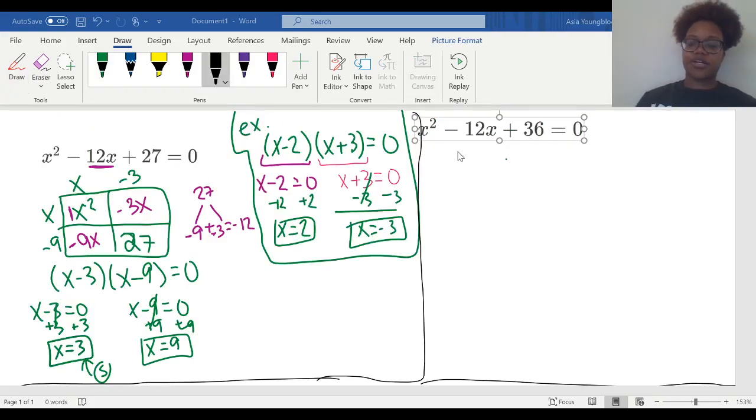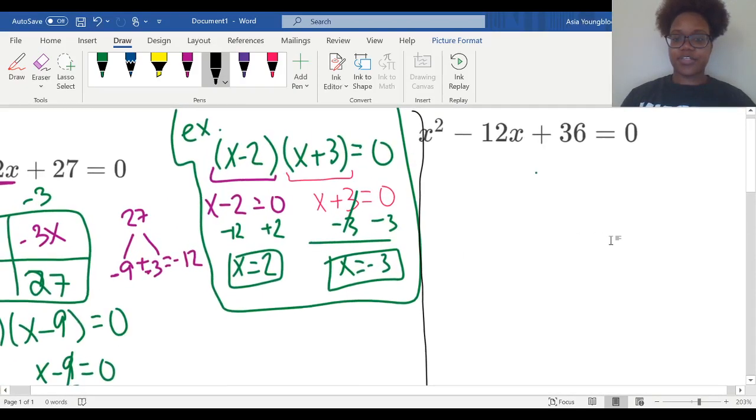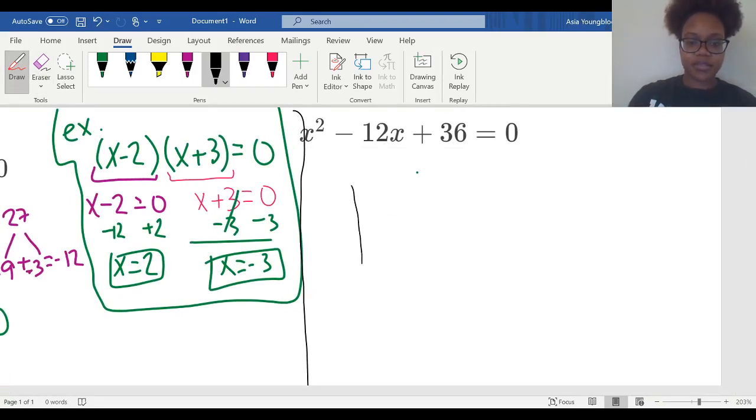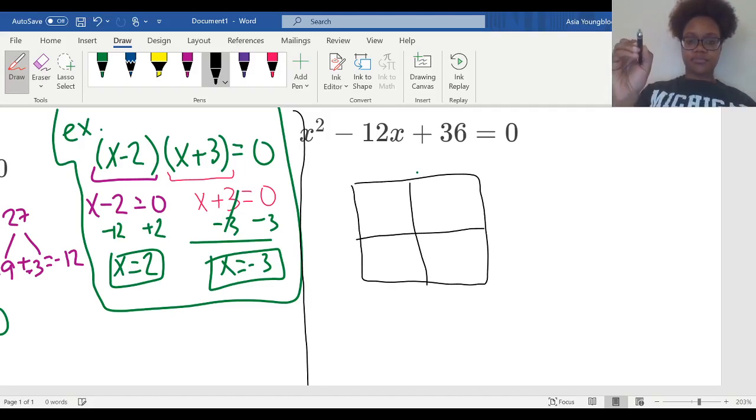This is the next problem in our Khan Academy set. x squared minus 12x plus 6 equals 0. For this problem, again, you want to start by drawing your boxes. So now we need to fill in what we know.